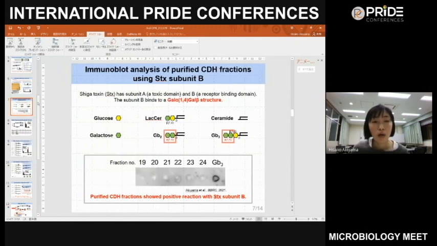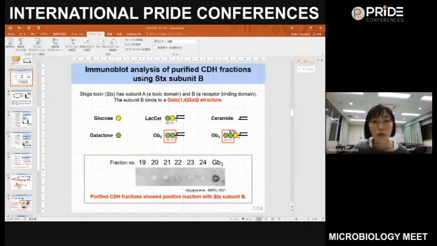Next, we conducted immunoblot analysis of the purified CDH fractions using shigatoxin subunit B. Shigatoxin has subunit A, a toxic domain, and subunit B, a receptor binding domain. Subunit B binds to a galactose alpha 1,4-galactose beta structure.